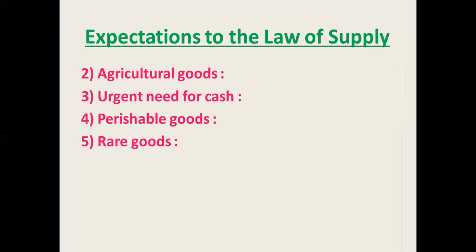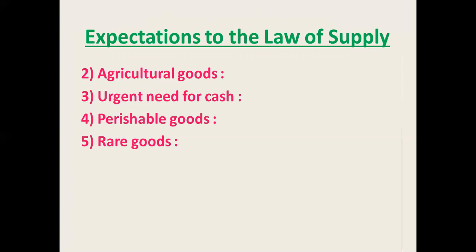Because they are rare articles, they are not available anywhere, anytime. So those goods are limited. We never increase the supply at a higher price, and we never decrease the supply at a lower price. So that's why it's an exceptional case. So these are the 5 exceptional cases.